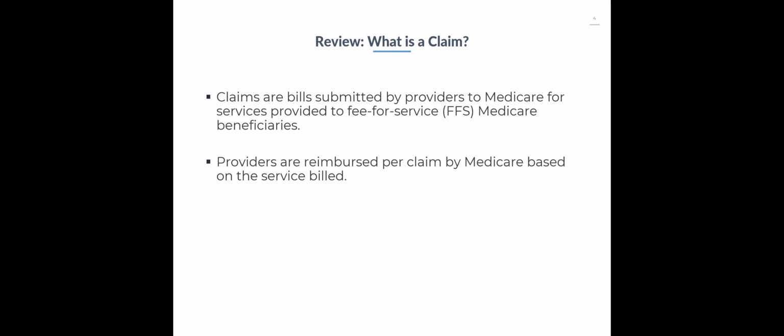When we talk about claims, we're talking about a bill that's being processed. It's pretty direct. The healthcare provider sends the bill to CMS. CMS decides whether or not it should be paid, how it should be paid, returns a payment, and then we see that claim. Providers are reimbursed per claim based on the service that they billed.